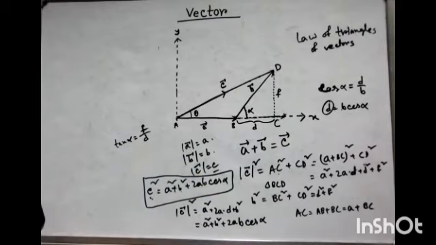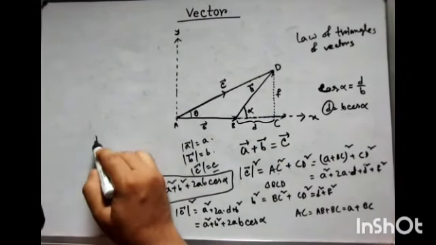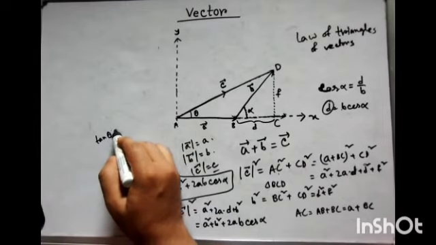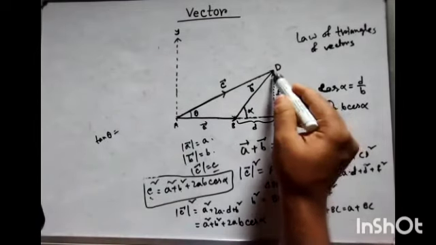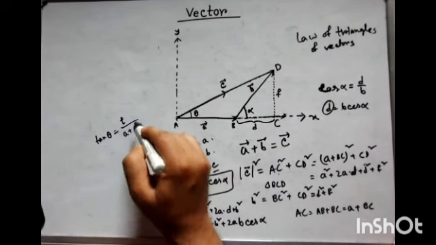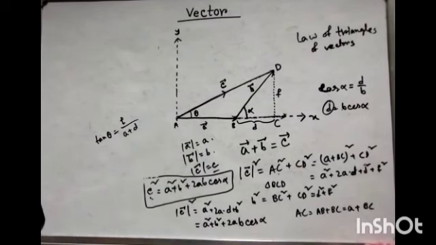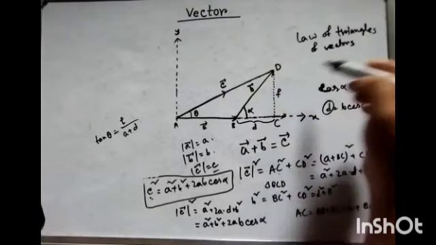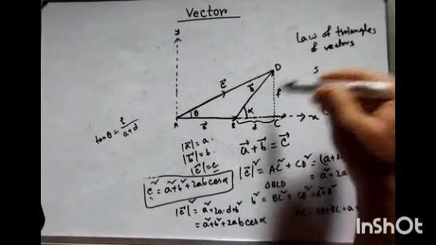Sorry, alpha we know, we have to find theta. So what is tan theta? Tan theta is height by base, so that is f by a plus d. So here you can find f also in terms of alpha and b.